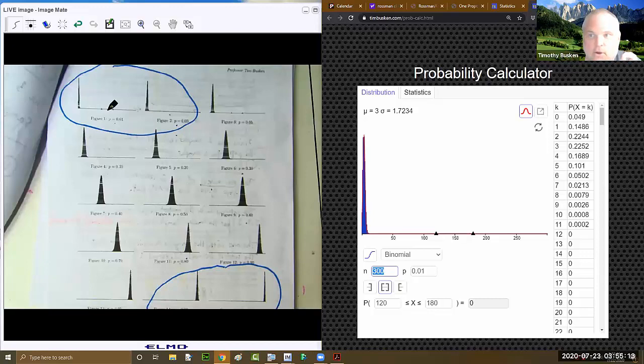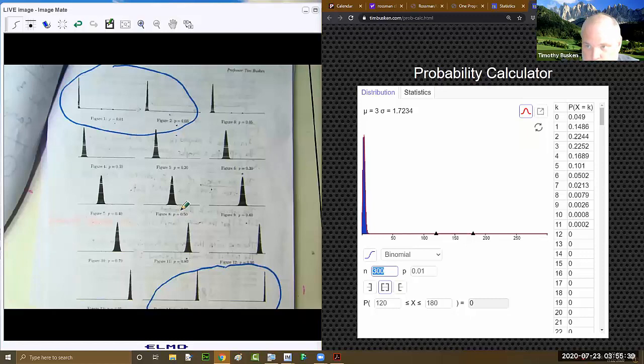It gets larger as p is increased, until you get to 50%, where the standard deviation is at a maximum. We use calculus to prove that, but you can see it in the pictures.